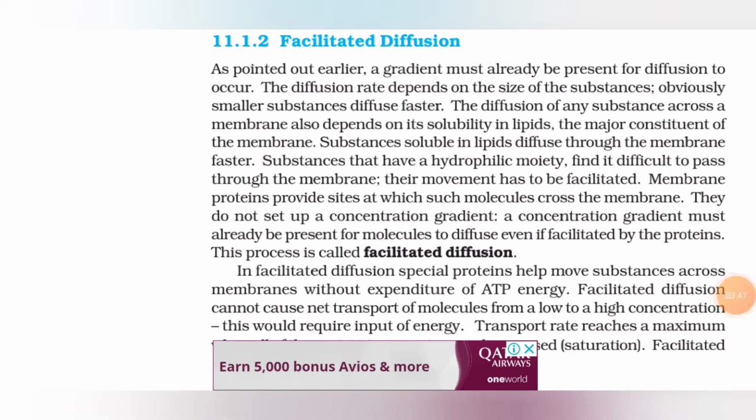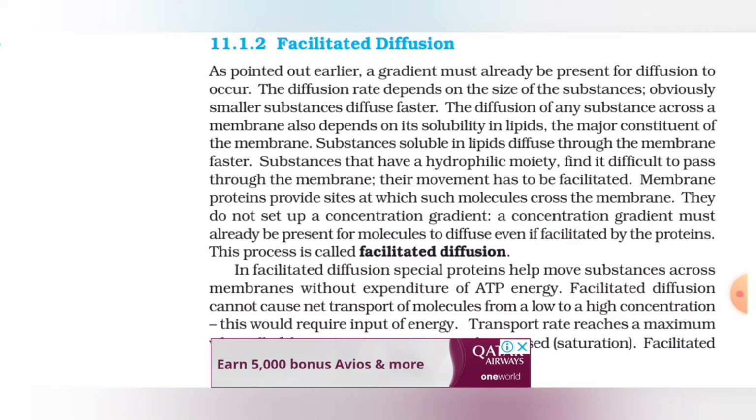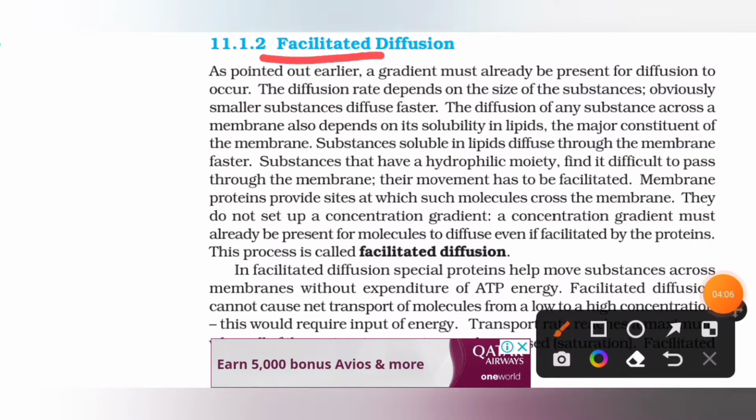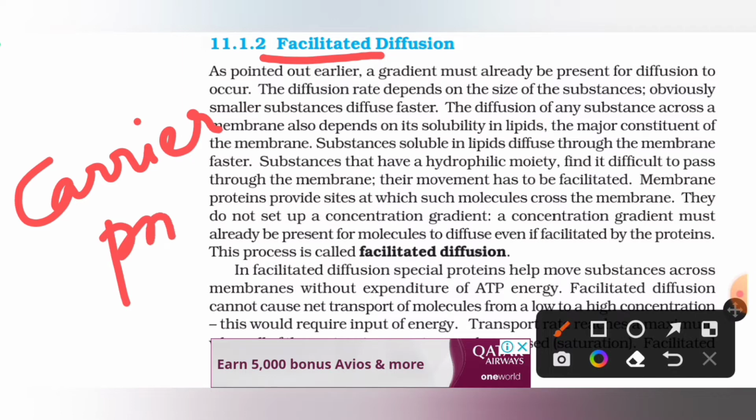When we are talking about facilitated diffusion, here a carrier protein is required. This is also a passive process, as we have discussed in diffusion. Facilitated diffusion is a type of diffusion where a carrier protein is required so that the molecules can move from one cell to the other or from one region to the other.